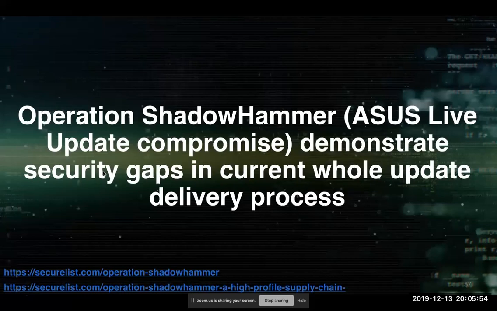Operation ShadowHammer, we mentioned it, talks about a different thing. There was no known public information regarding compromised firmware updates. But think about it: the same tool, ASUS Live Update, was delivering the firmware updates, and basically the possibility existed for the attackers. We really don't know whether they used it to deliver malicious stuff to some of the users, whether it was targeted or not.